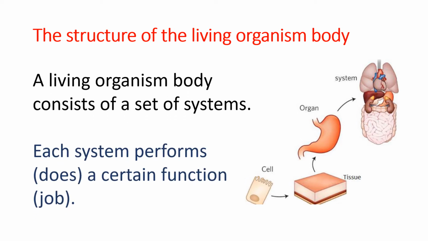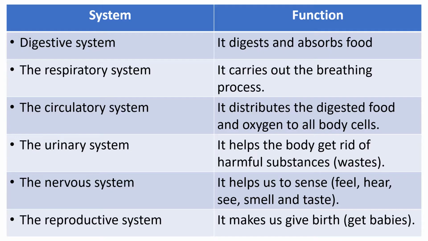The living organism's body consists of a set of systems. Each system performs a certain function, or job. Examples of systems and their functions: The digestive system digests and absorbs food.